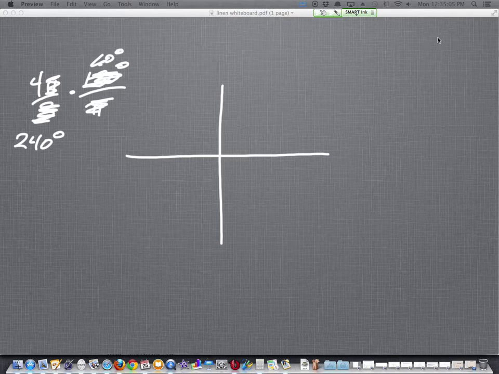So Michael, what quadrant is 240 in? Quadrant 3. How do you know it's in quadrant 3? 90, 180, 270. So what I'm looking for is that 240 is in between 180 and 270.